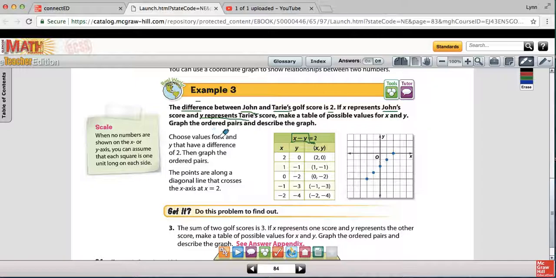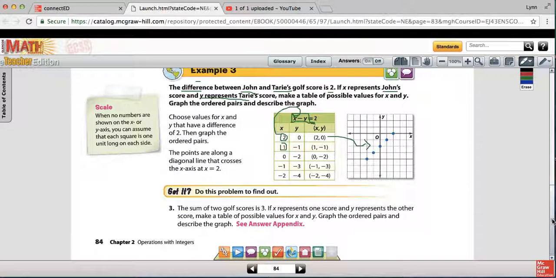We choose some values for X, here in the X column. Then if we know that the difference has to be 2, we can substitute that X value into our equation and solve for Y. And then we can plot those ordered pairs onto a graph.